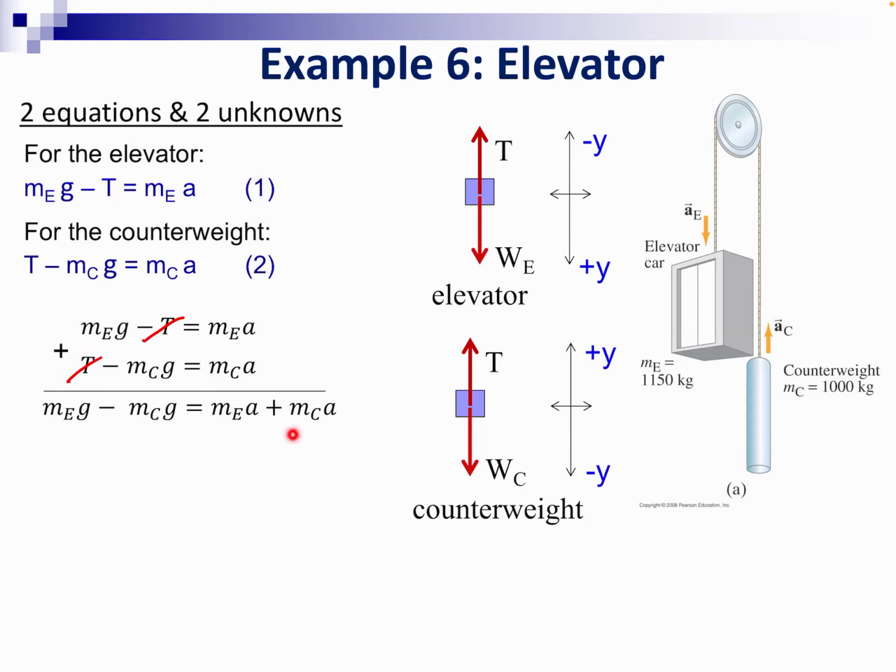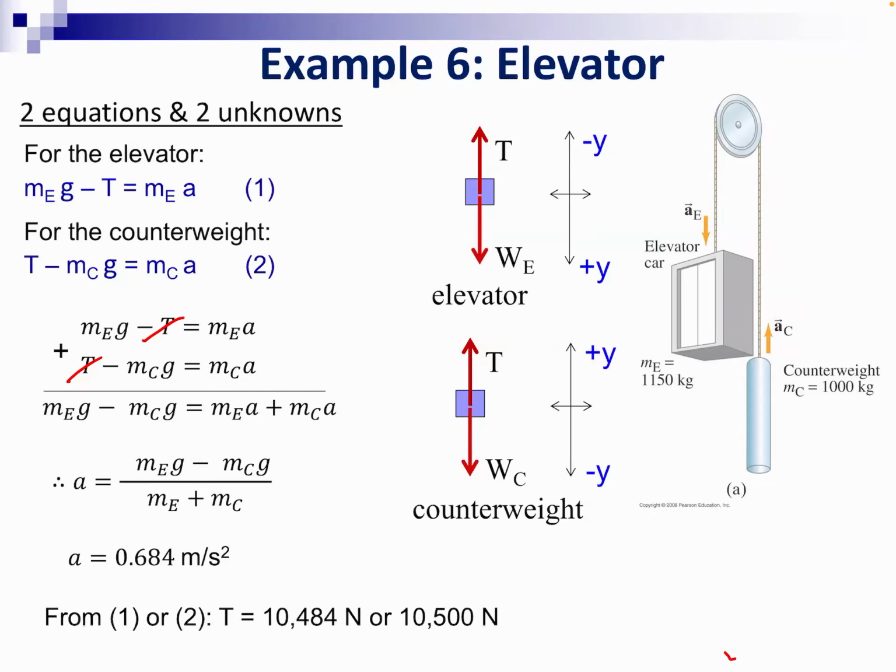And I have this equation which contains only acceleration and masses, which you can then rearrange to solve for the acceleration. Once you know the acceleration, you can use either of these two equations. You should get the tension.